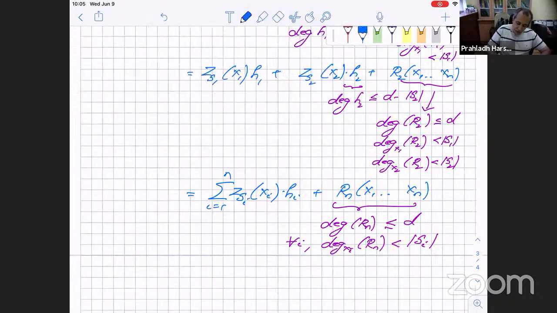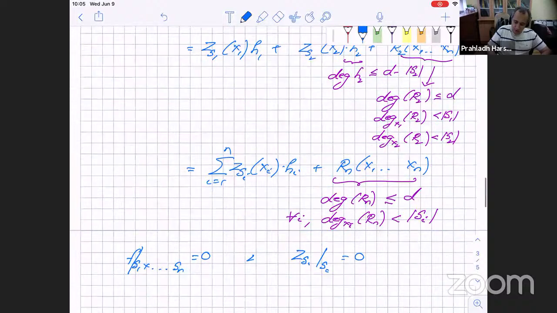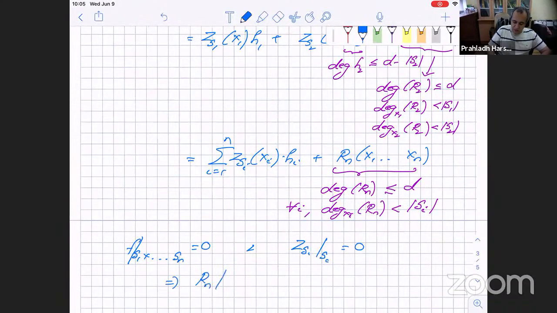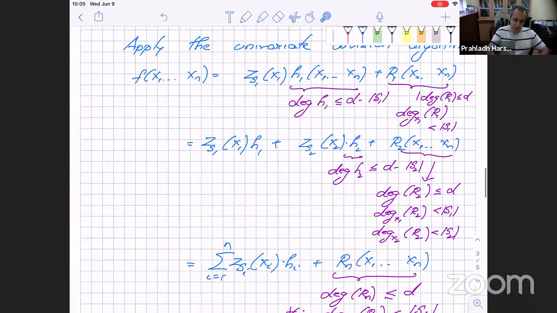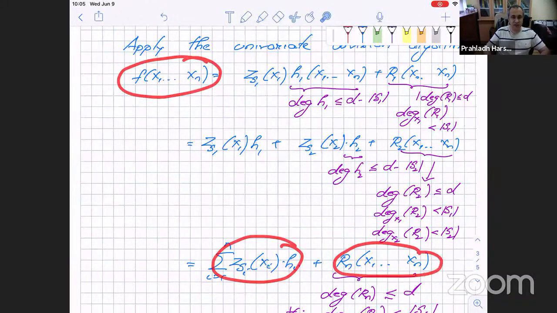Now, because we know that F restricted on S1 cross S2 cross Sn is 0, and ZSi certainly when restricted to Si is 0, we also have that Rn when restricted to S1 cross S2 cross Sn is 0. Because in this equation, F is 0 on the grid, this is 0 on the grid, therefore this also has to be 0 on the grid.